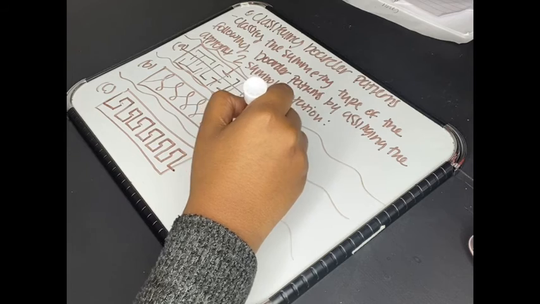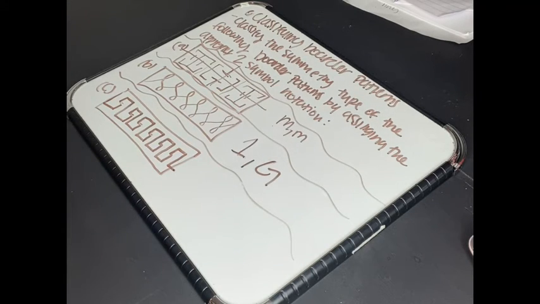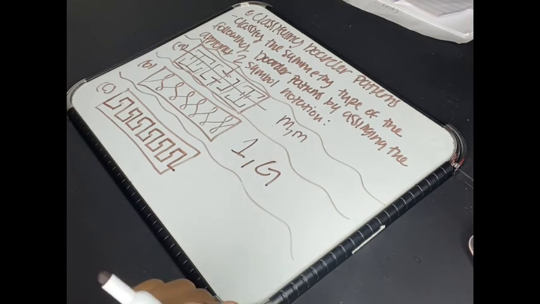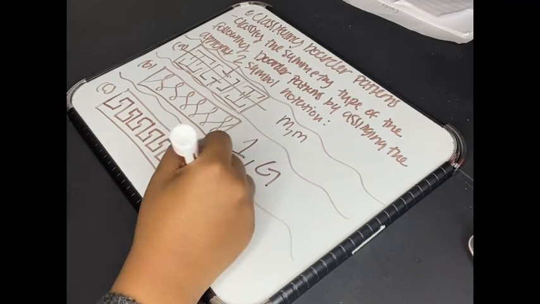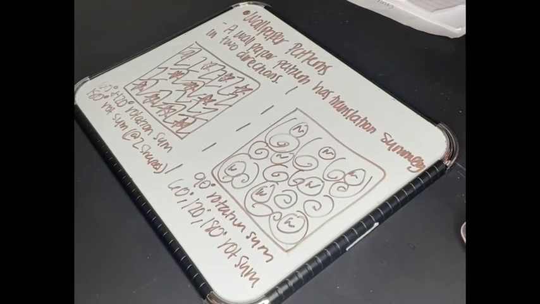So that would give us 1G. And here we do not have any lines of symmetry going horizontal or vertical, but we do have the half turn symmetry. So that would give us 12. And all of those symbols came from the previous slide we just did with learning how to categorize the symbols.